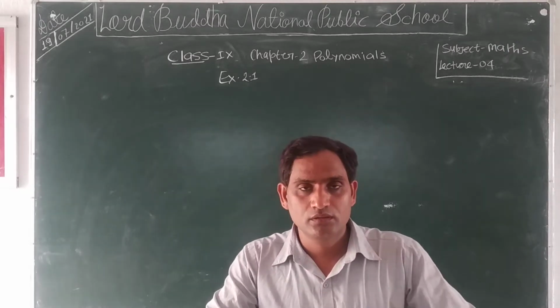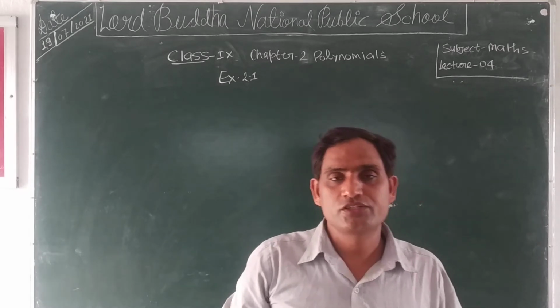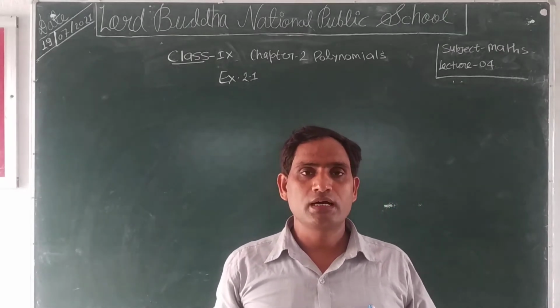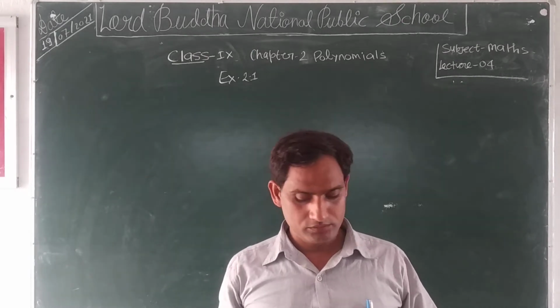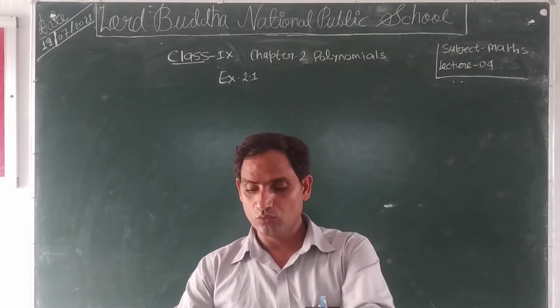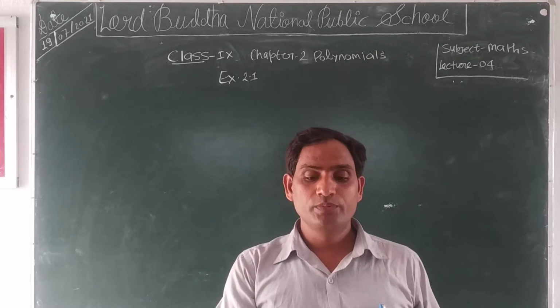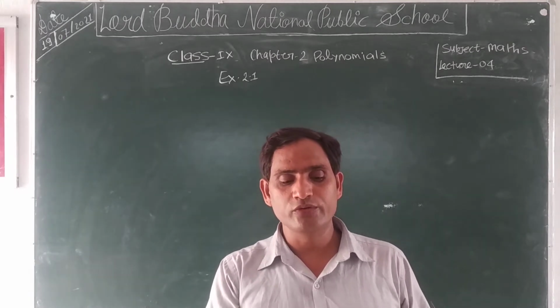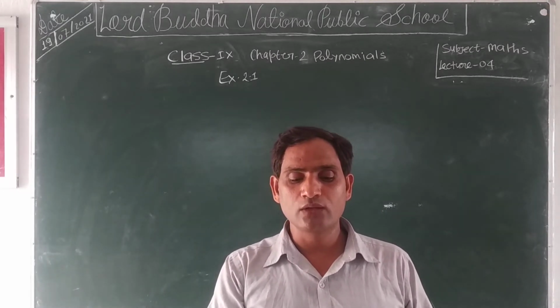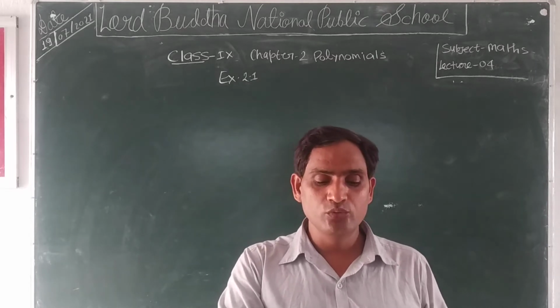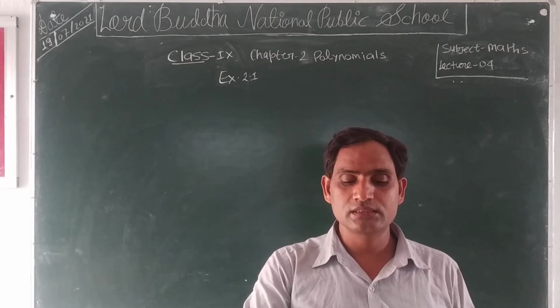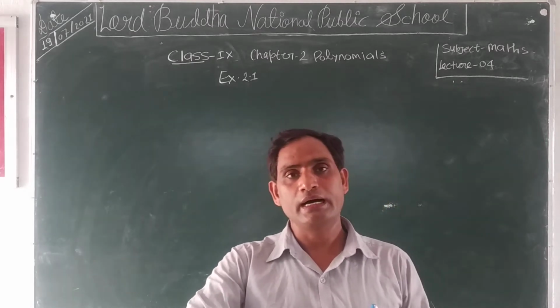Clear? In this lecture, we will solve exercise 2.1. Now, the first question of exercise 2.1 is, which of the following expressions are polynomials in one variable and which are not? State reasons for your answer.